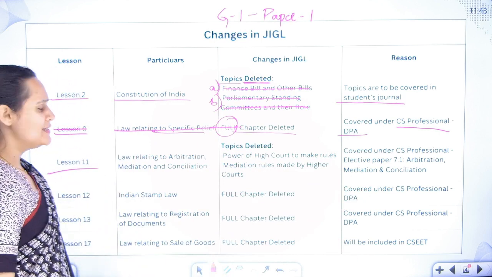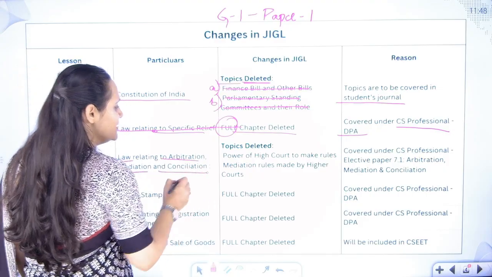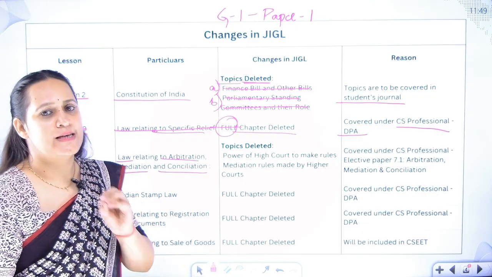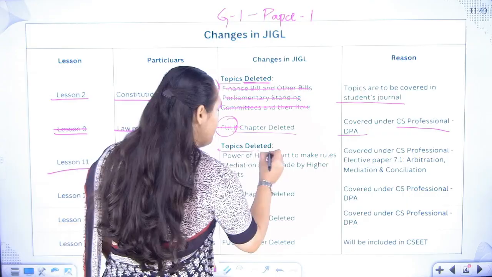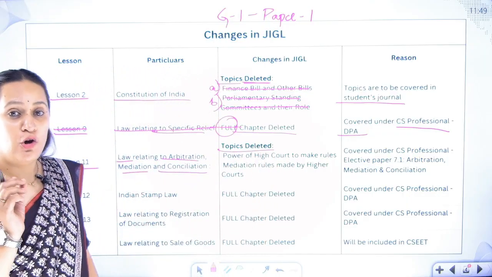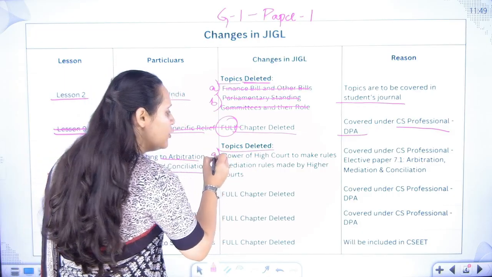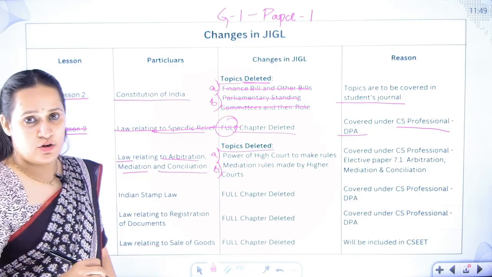Next, lesson number 11, law relating to arbitration, mediation and conciliation. This chapter is as it is, but a few topics have been deleted. The other contents remain the same. So the topics that have been deleted from the law relating to arbitration and mediation is, first one, power of the High Court to make rules and the mediation rules to be made by the higher courts.